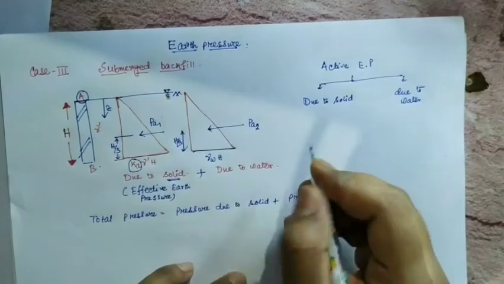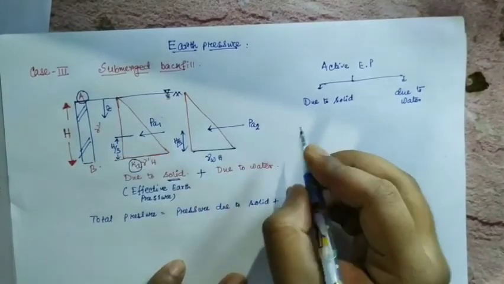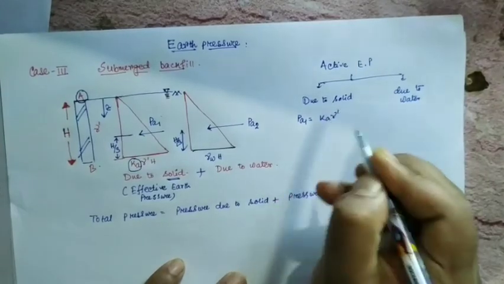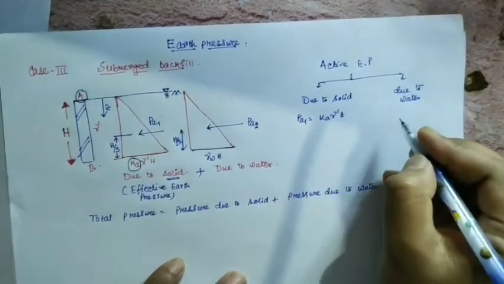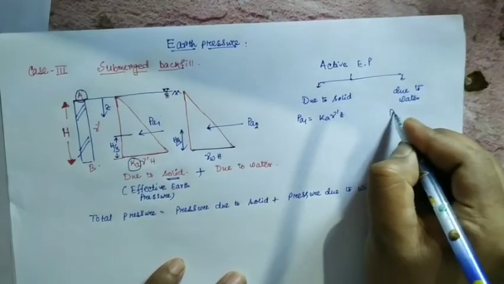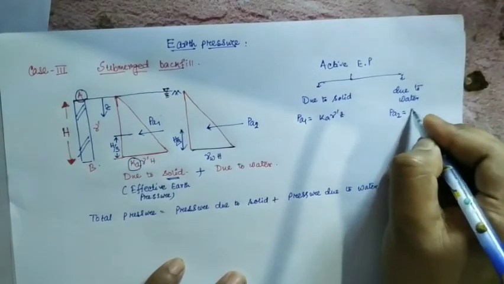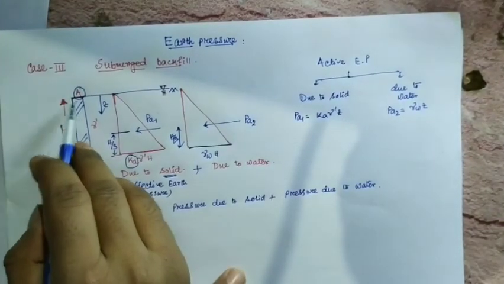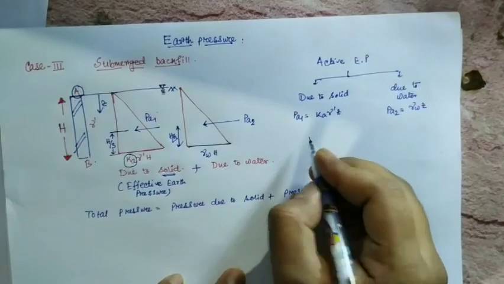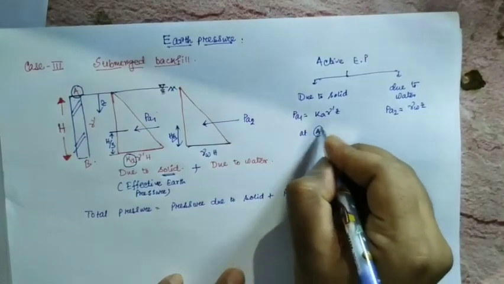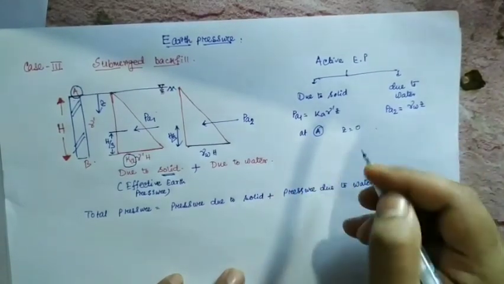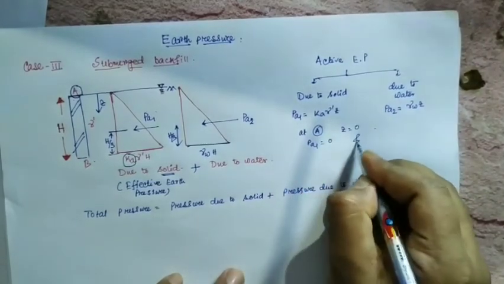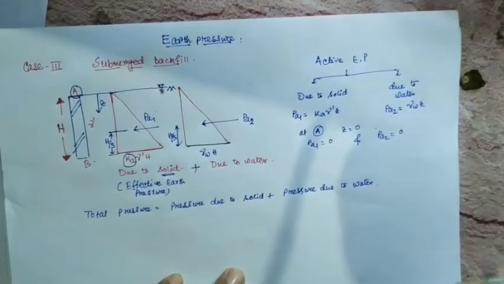Now look, due to solid, at depth z, the earth pressure will be Pa1 = Ka gamma dash into z, and due to water, the earth pressure will be Pa2 = gamma W into z. So now at the top, that means at point A, z is equal to 0, then both become 0, Pa1 also becomes 0 and Pa2 also becomes 0.